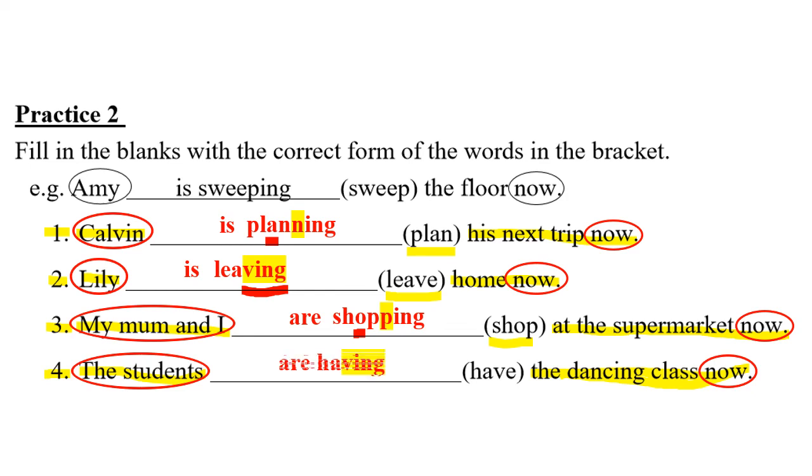First of all, we have to use are instead of the word is because this sentence starts with they. Second, we have to change the spelling of having to having because we have to drop e and add ing to the end of verb.